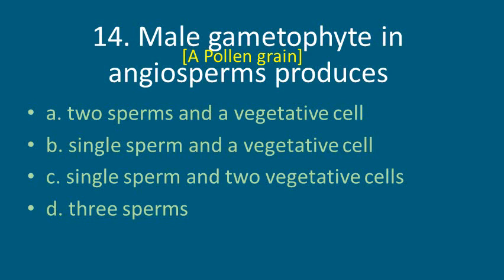Finally, the angiosperm pollen produces two sperms and the vegetative cell. So the answer will be option A, because the generative cell after further division produces the two sperms, and the vegetative cell, that is the nourishment cell, remains as it is in the pollen grain.